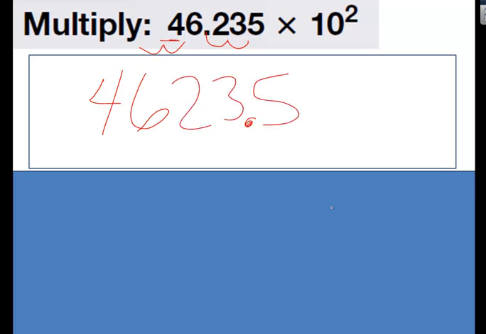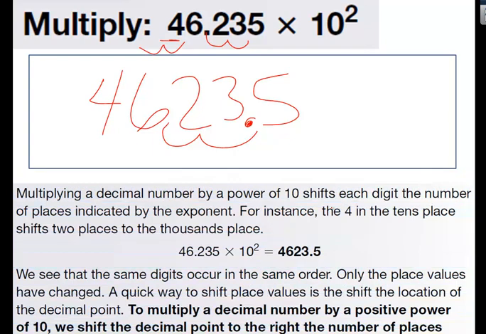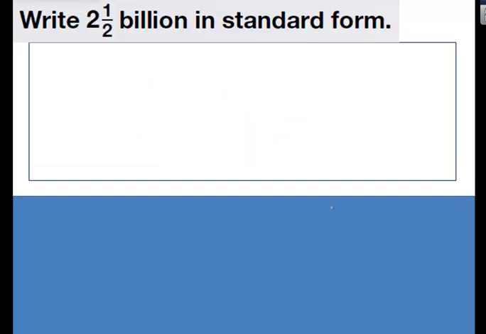But then our decimal becomes right here. So I like to just move the decimal over 2 when we're multiplying. You can guess what we do when we divide. We go the other direction, right? So that's the way I like to just move it 2 to the right. Anytime you multiply by a power of 10 like that, if it's a positive number, you can just move your decimal to the right.